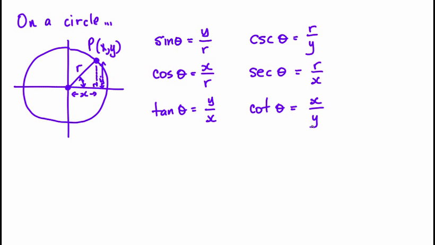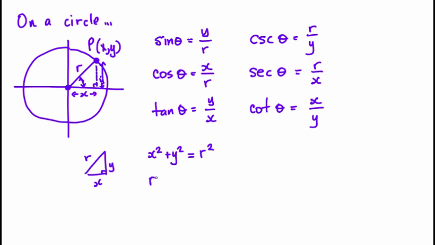x compared to y. And then one other really neat thing is, because this is a right-angled triangle in here with x and y and r, Pythagoras actually is true. So x squared plus y squared is r squared. And if you know two of them, you can figure out the third one just by using Pythagoras.